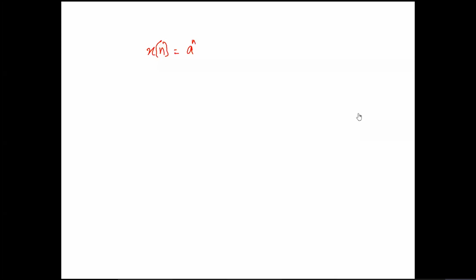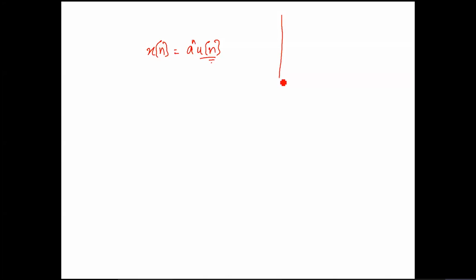So we were seeing what an a raised to power of n u of n signal actually is, and I will quickly go over this signal. I believe to some extent I referred to this earlier also. So some constant raised to power of n, u of n. Now what is this u of n multiplied to something, and what is a to the n itself?